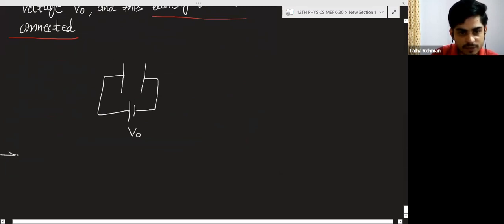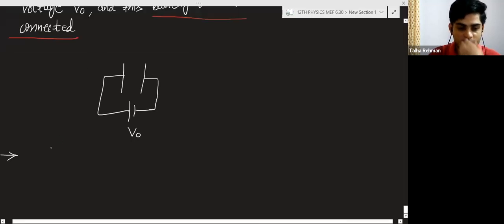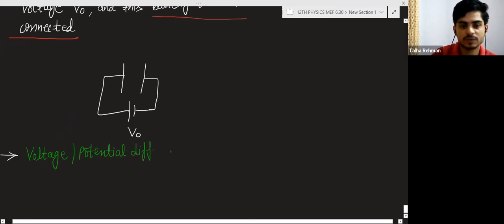So in this case, always remember this: voltage, which is also known as potential difference, between plates will remain same.